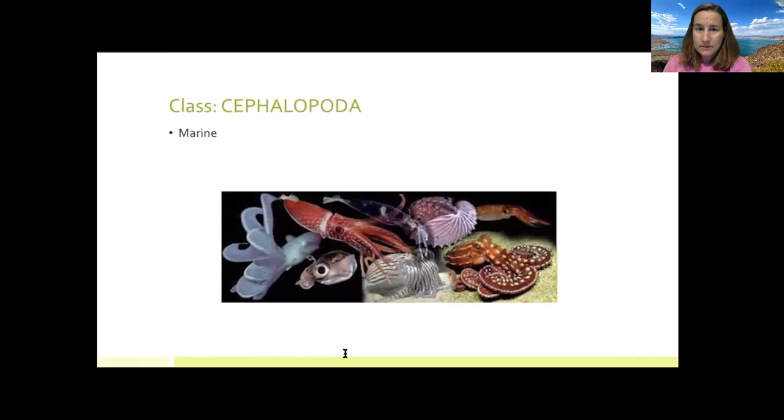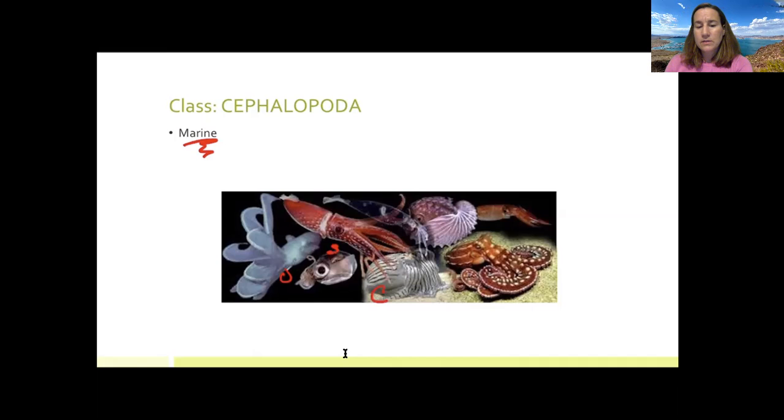Our last class is going to be cephalopods. Cephalopods are all marine, all saltwater, and these guys are going to include octopus and squids and cuttlefish. These are all in cephalopods.